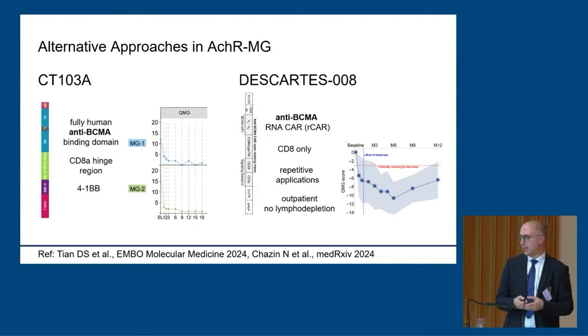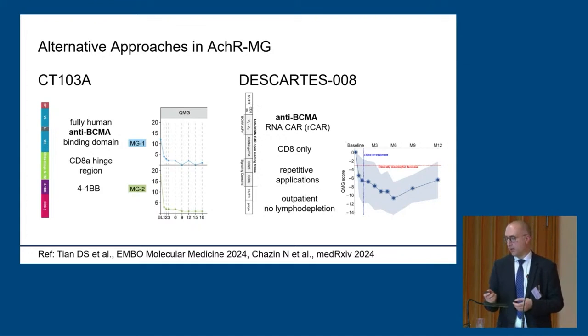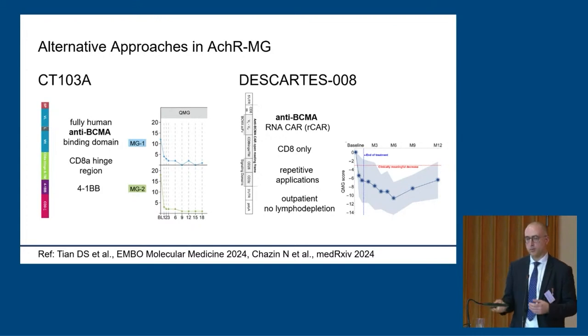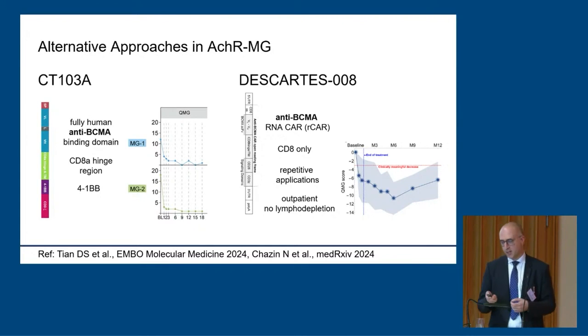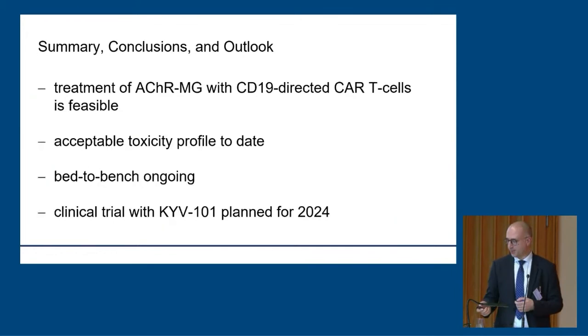The disease activity is reduced. Another advantage of this approach is that you can perform it in an outpatient setting, and they did not use a lymphodepletion. This is a question. In this case, it makes sense, but in general, as I said, I'm not that much against it.